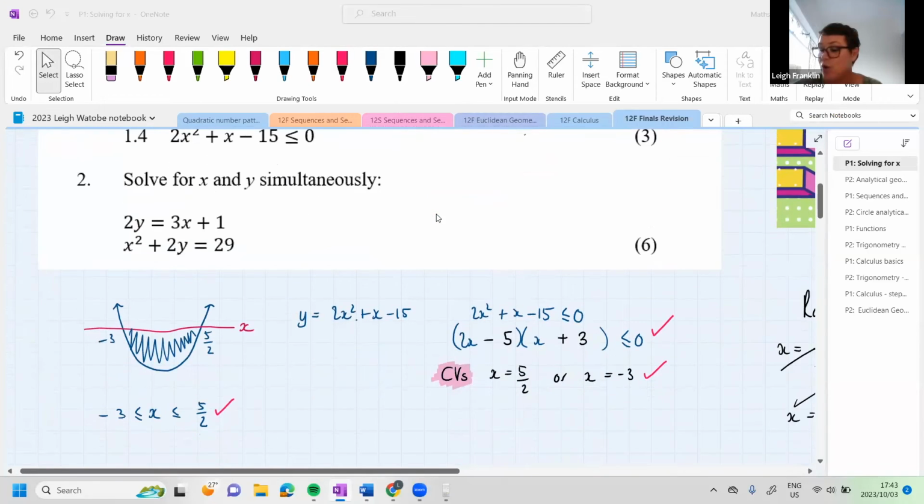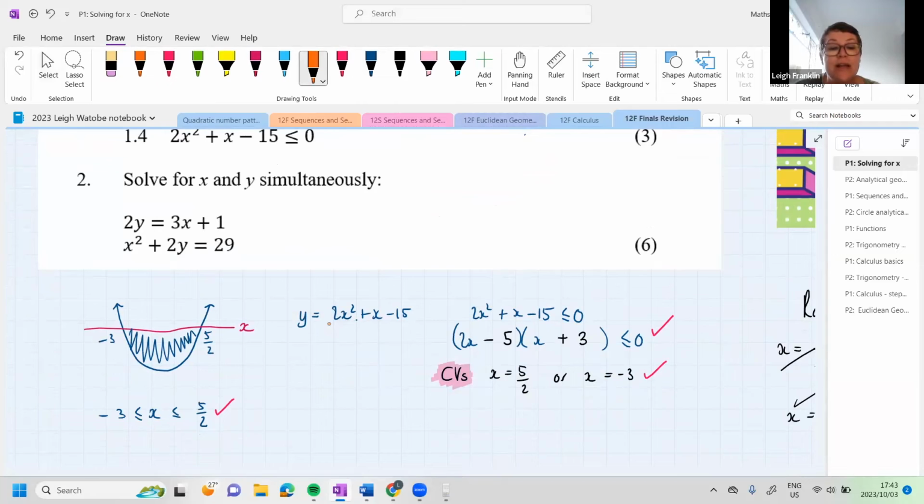All right, good. So if the question was now instead, let's do this in a different color, let's pretend the question was 2x squared plus x minus 15 is greater than or equal to 0. Now the question is for which values of x is y 0 or positive?